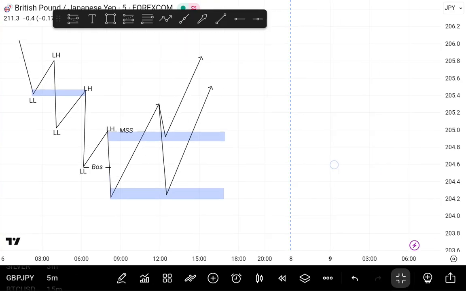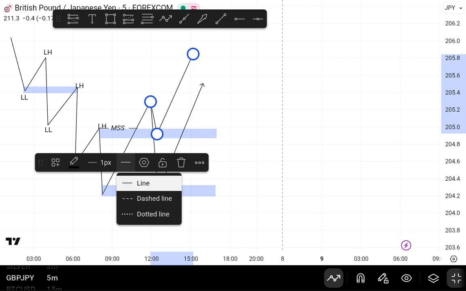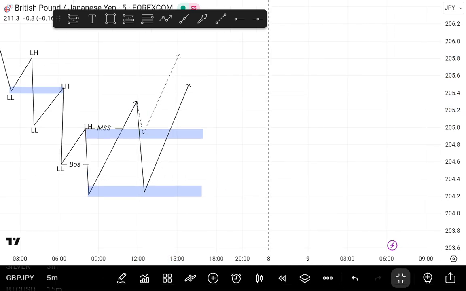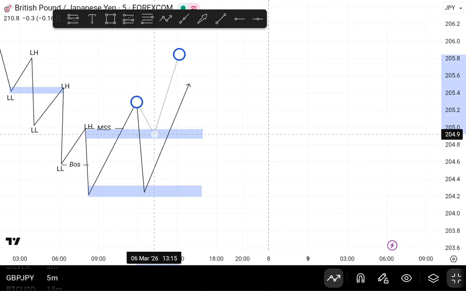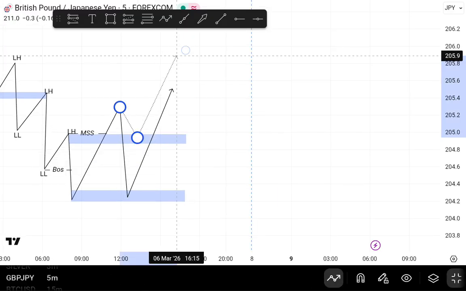So now this is where the rules come in. Rules of knowing where to take your entry. There are 4 rules in picking your entry.